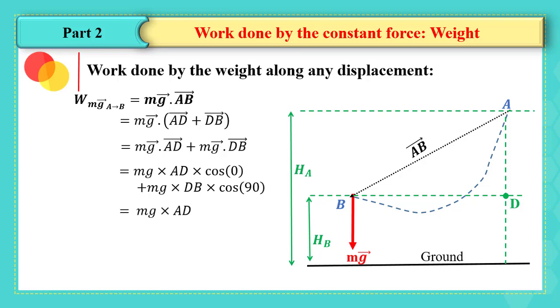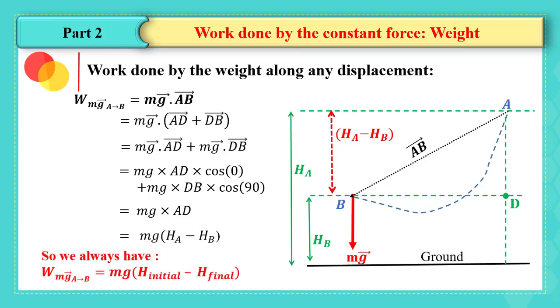What is AD? From the figure we can find that AD is the difference HA minus HB. So we always have the work done by mg between two points A and B on any trajectory is mg times H initial minus H final.